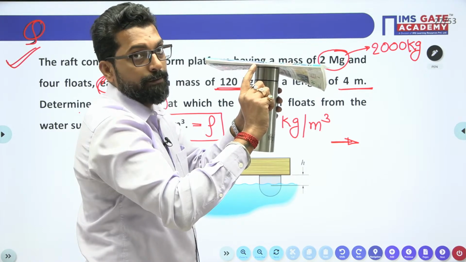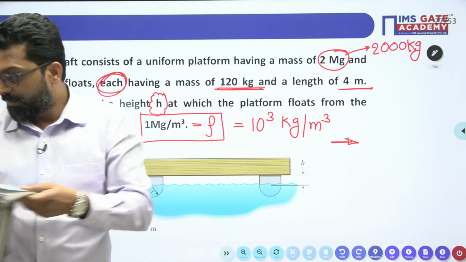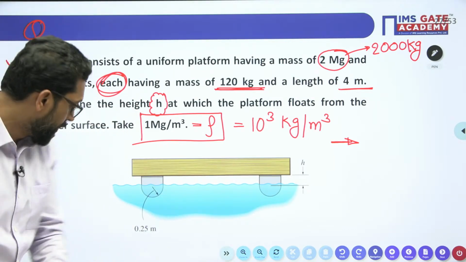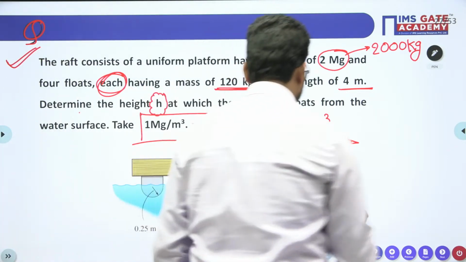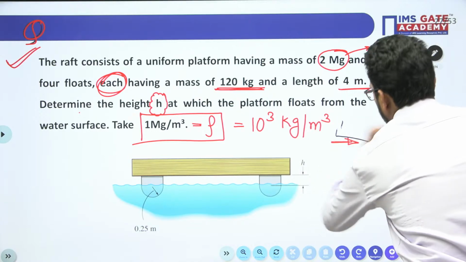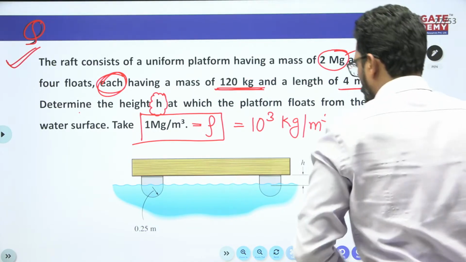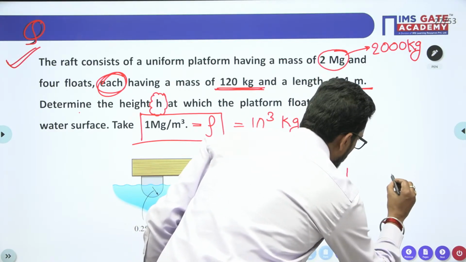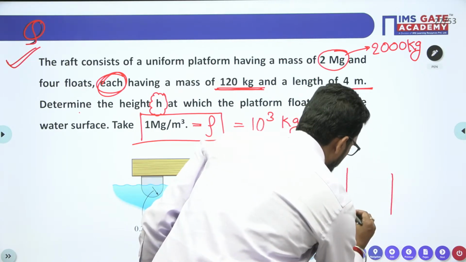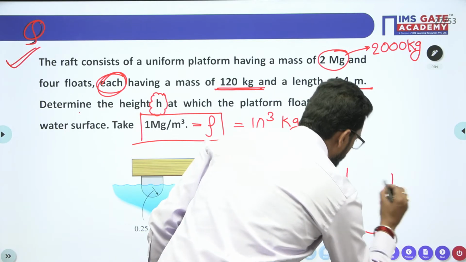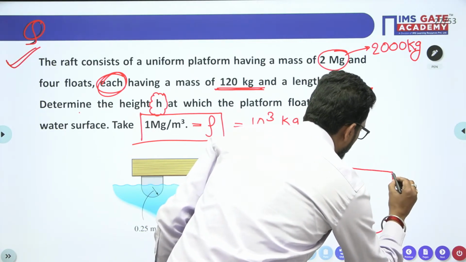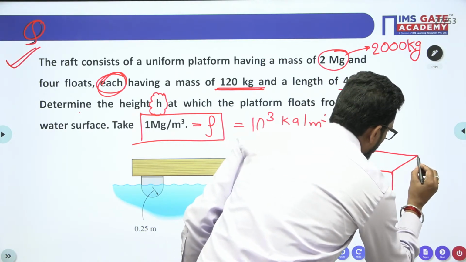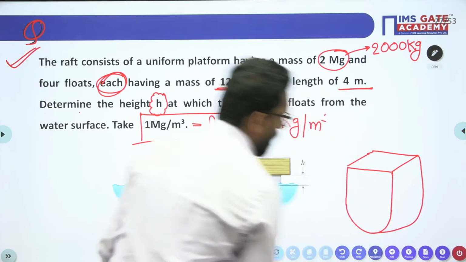Mind it. Okay. If you see the figure of the floats very carefully, floats look like that. This is your floats.